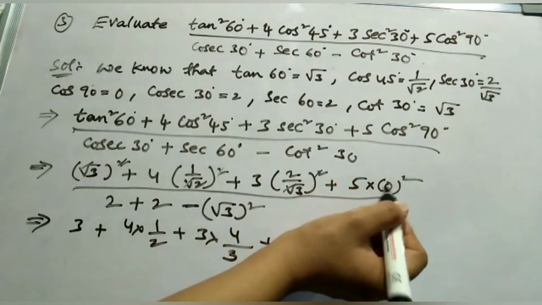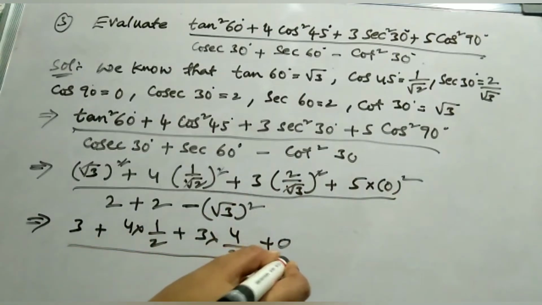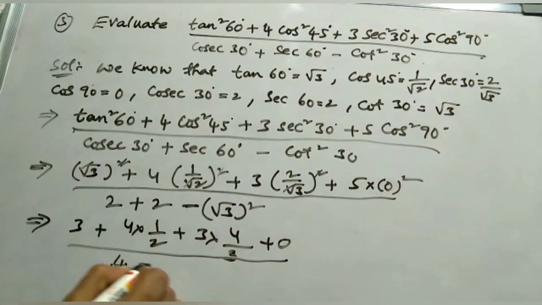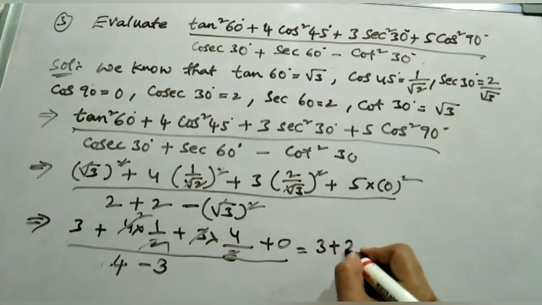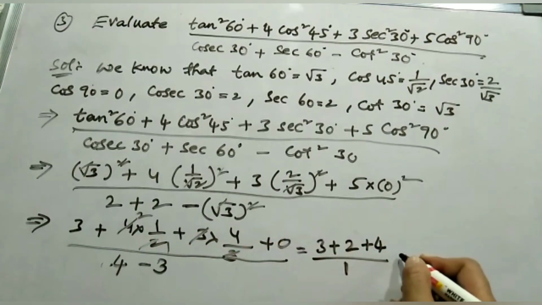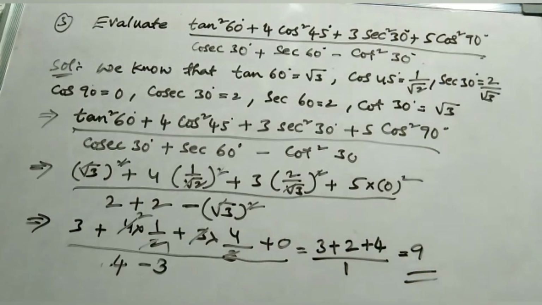Any number multiplied by 0, you will get the value as 0, upon 2 plus 2, you will get 4, minus 3. What you will get? 3 plus 2 into 1, 2, plus 4, by 4 minus 3, 1. 3 plus 2, 5, 5 plus 4, 9. 9 will be the value.